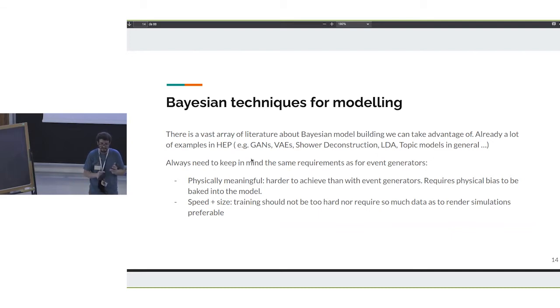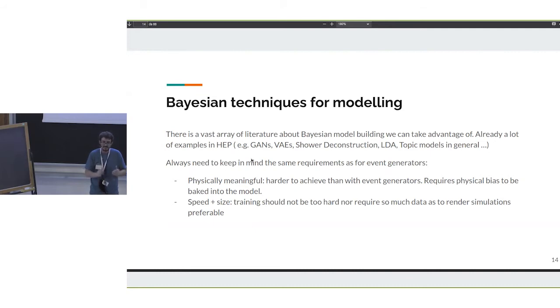And this is the thing that I really like about the use of graphical models, which really brings into focus that we need to keep in mind that the modeling has the same requirements as event generators. We need to have models that are physically meaningful, that is, that we can understand and explain. And this is a bit harder to achieve than with the event generators, because we need to bake the physical bias into the model in a way that still allows for the model to work.